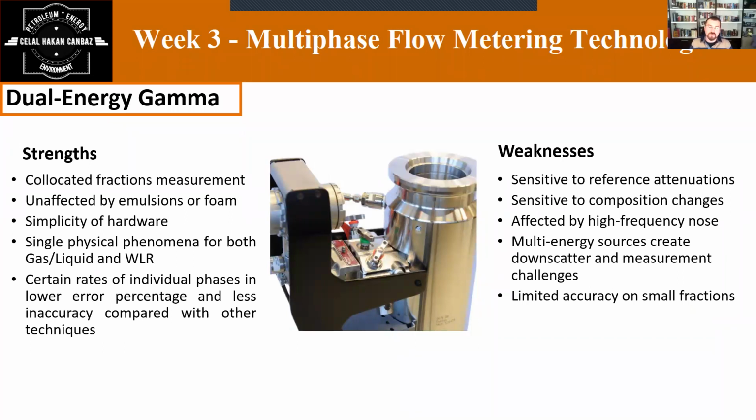It gives you the measurements of your fractions first of all. It is unaffected by emulsions or foam. As I mentioned, there was condensate banking and foam flow, which can fluctuate a lot in the previous devices, so this is unaffected by emulsions and foam.